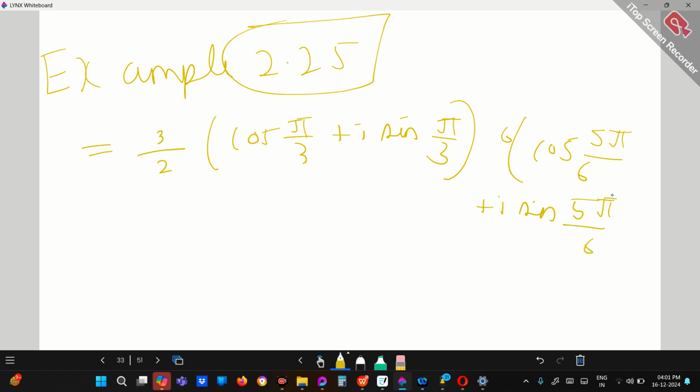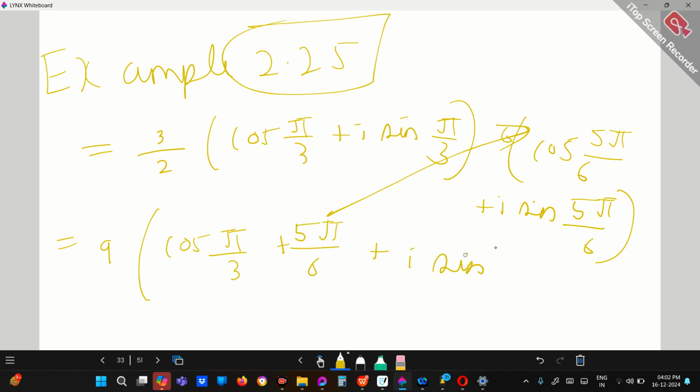Instead of being afraid of this problem, just add the angles: cos of (pi by 3 plus pi by 6) plus i sin of (pi by 3 plus pi by 6).